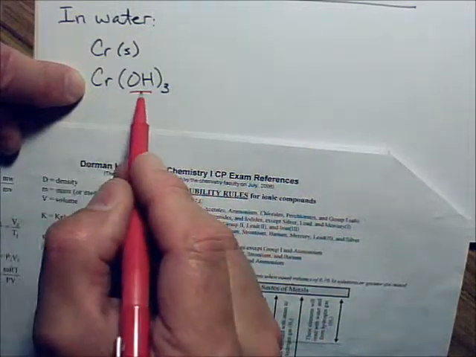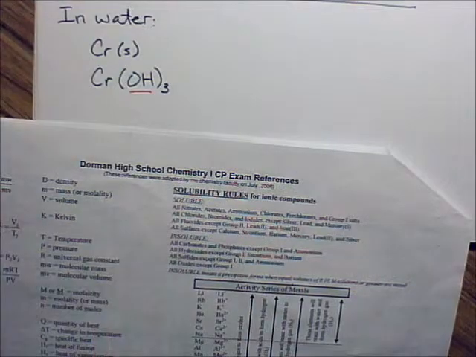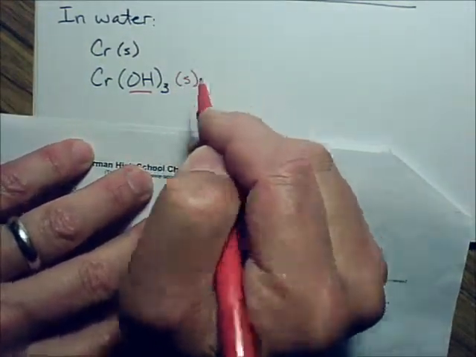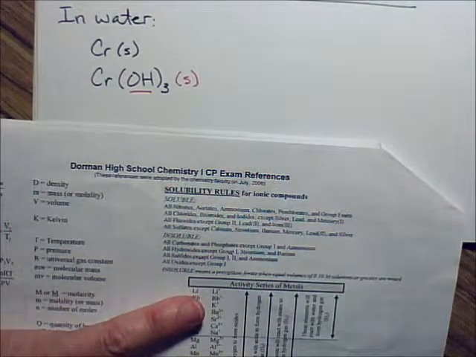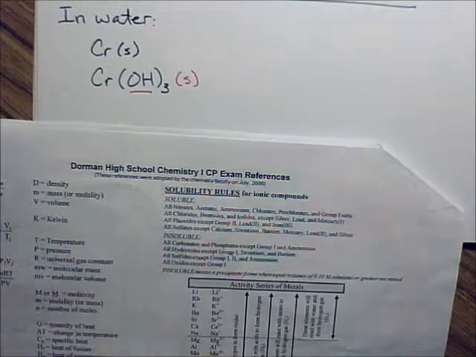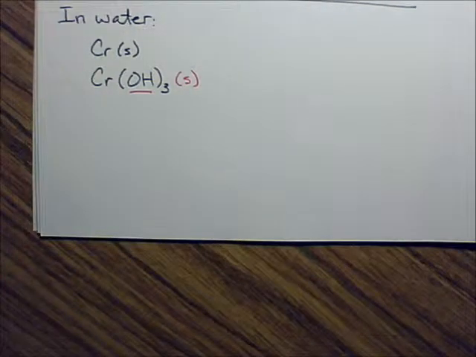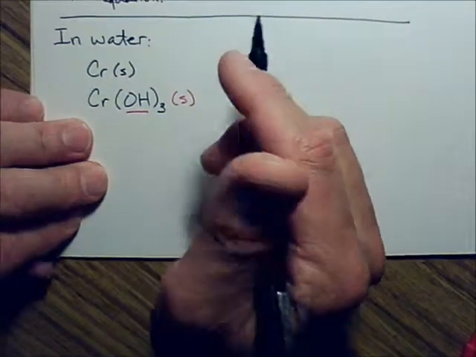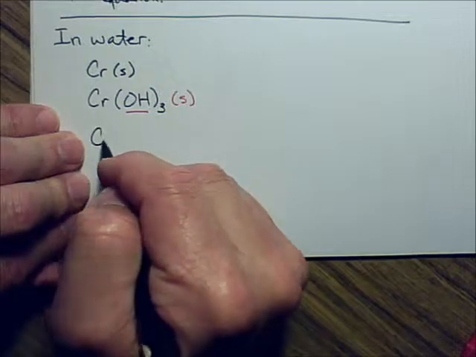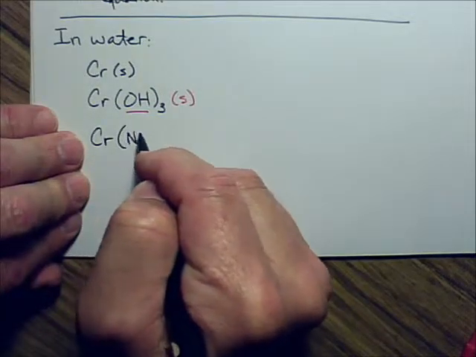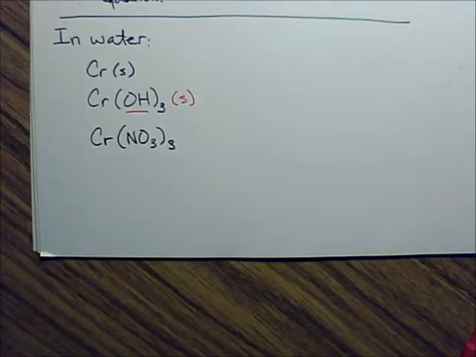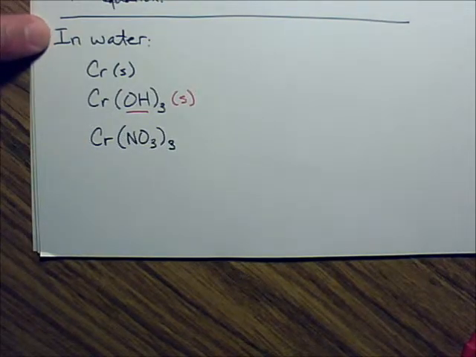So there's no exception for this hydroxide being insoluble. So it will be a solid, even in water. Does that make sense to everyone? Not hearing anybody say no. Okay, let's go on to something else. Determine the physical state of this substance if it's in water.